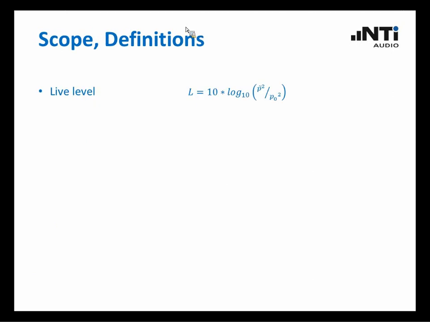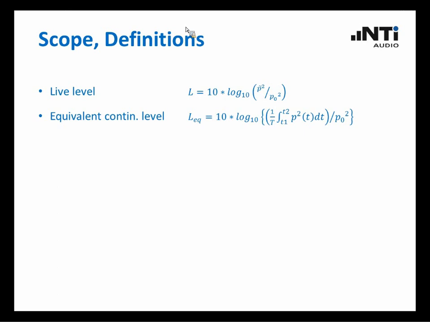Well, let's start with the level definitions, and here you see the formula for the live level. I will not dig too deep into this formula. Just the capital letter L stands for sound level, that you're going to see again many times. The next value, which is closely related to the live level, is a very important one, the equivalent continuous level.